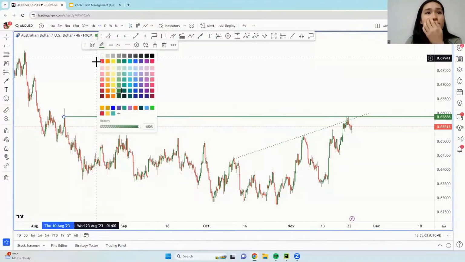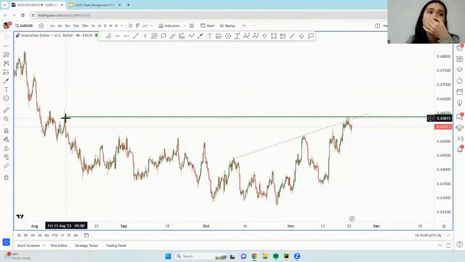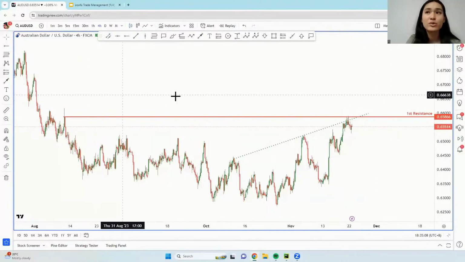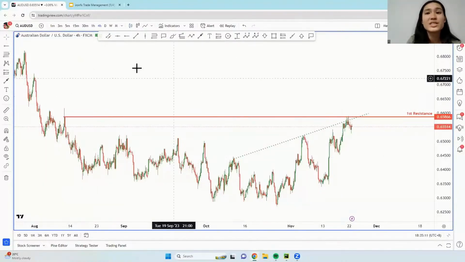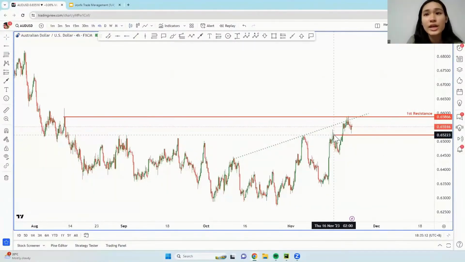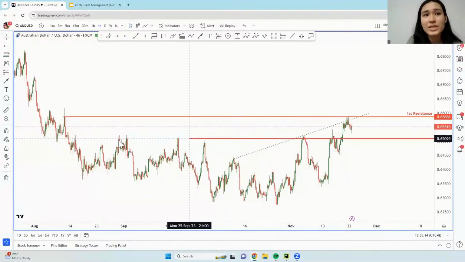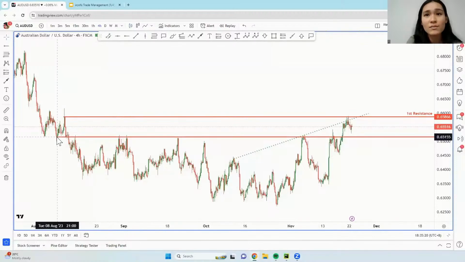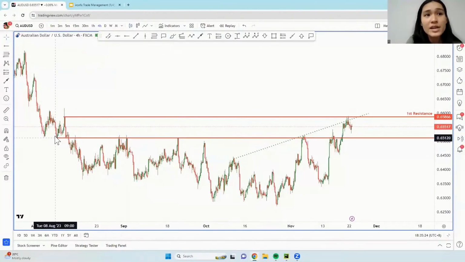Okay, here is my first resistance. And the key to this is that you want to make sure that you try and pull back your levels as far as you can so that you can see how significant these levels are. So in this case, you can see that this is an overlap level because I have swing highs, mini swing highs, and mini swing lows respecting it.